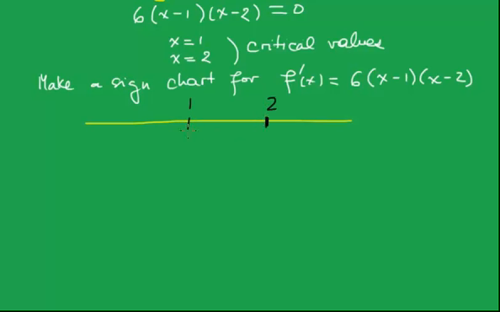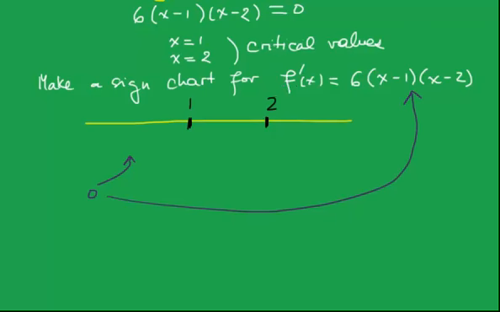Now you know what we're going to do next: picking test points. For example, on this interval here, I can pick 0. I'm going to plug this 0 into f prime, because it's the sign chart for f prime, not for f.